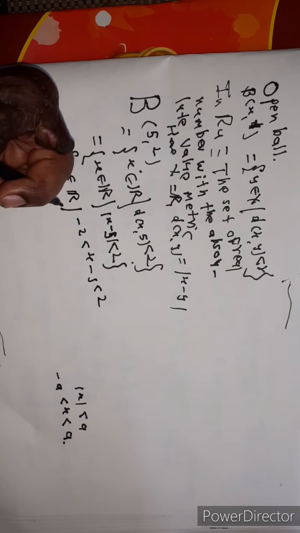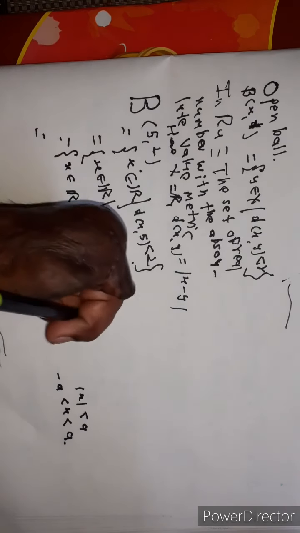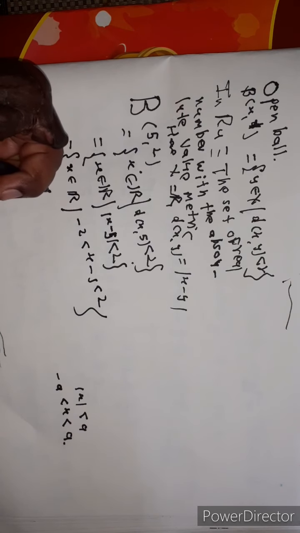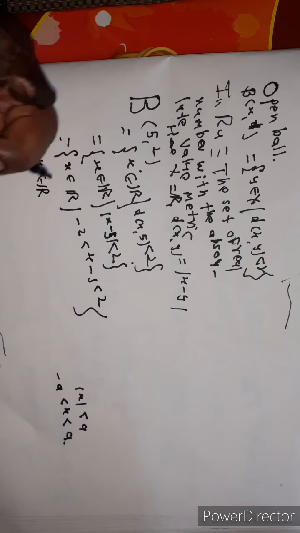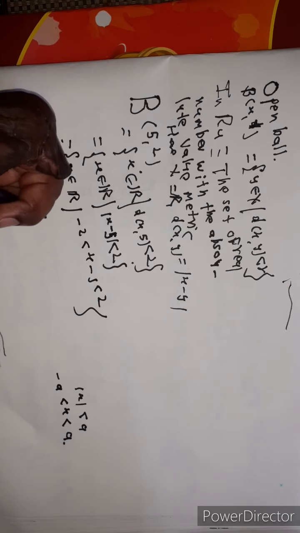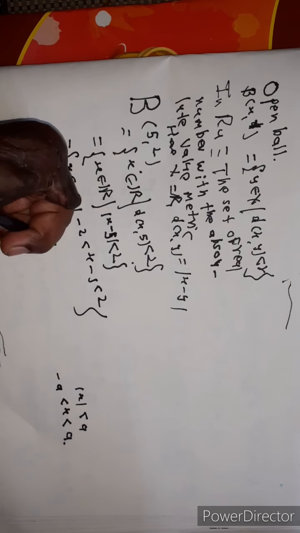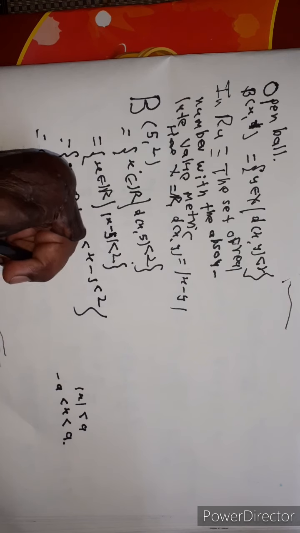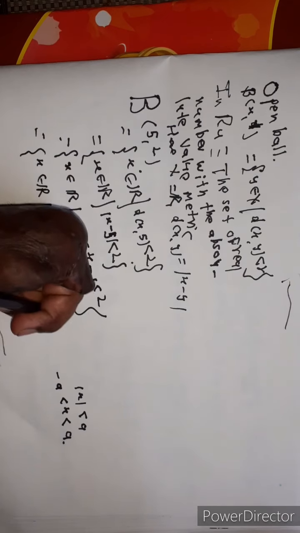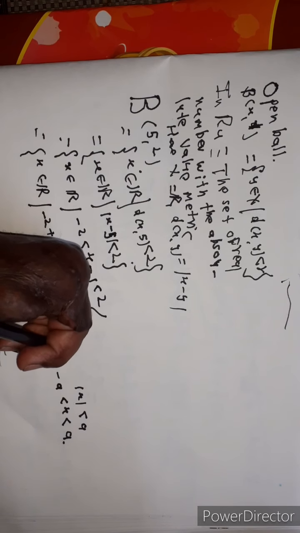So adding, therefore it is the set of x belong to R such that minus 2 plus 5 is less than x minus 5 plus 5 is less than 2 plus 5.